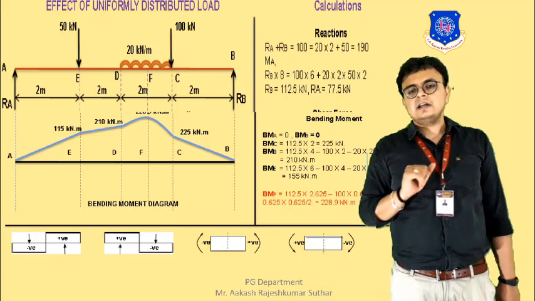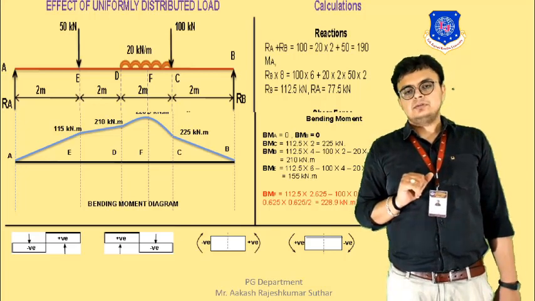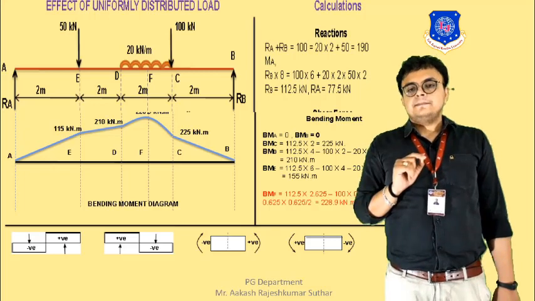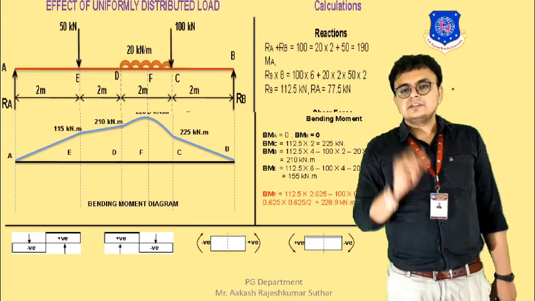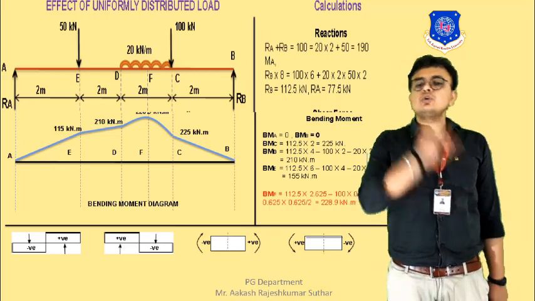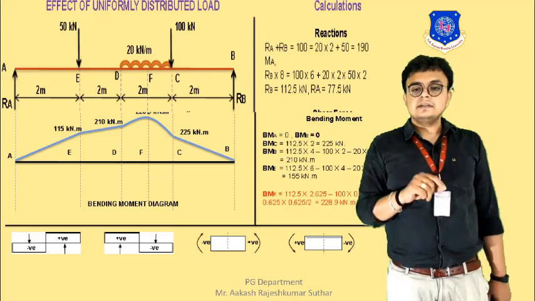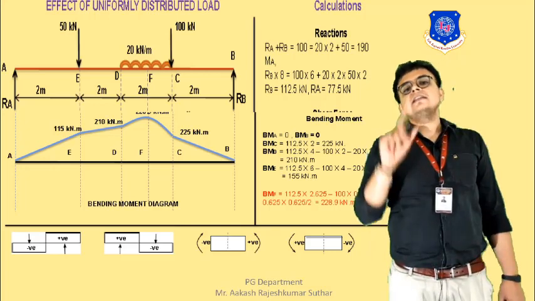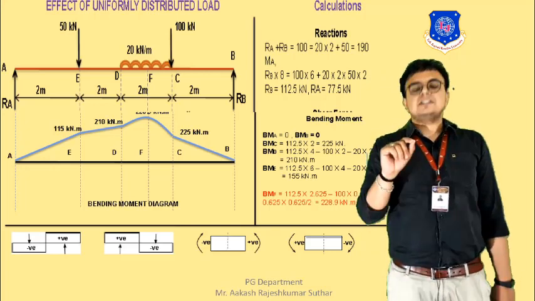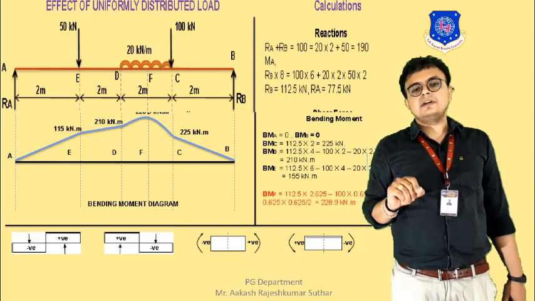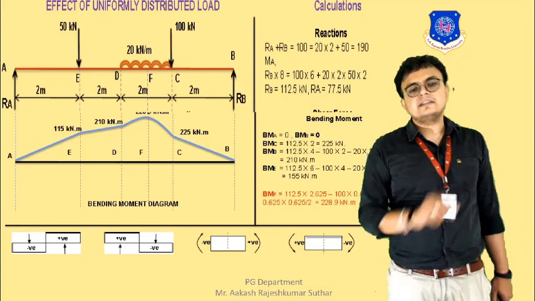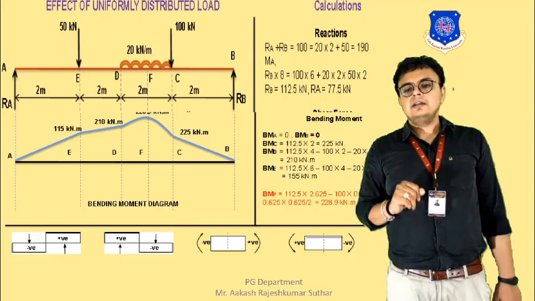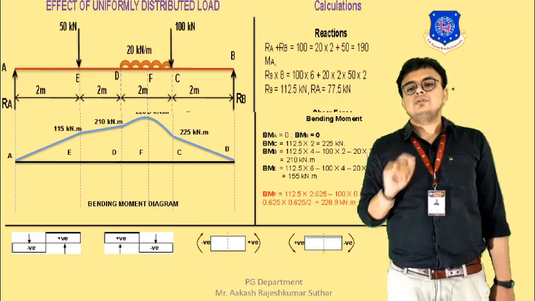Moving towards the point E, that will be equal to RA, that is 77.5 into 2. On the left hand side of the joint we are getting the clockwise direction, so it will be positive, and that will be equal to 155 kilonewton meter.